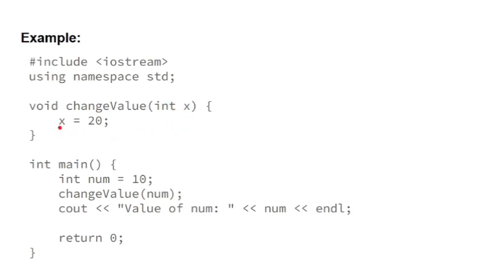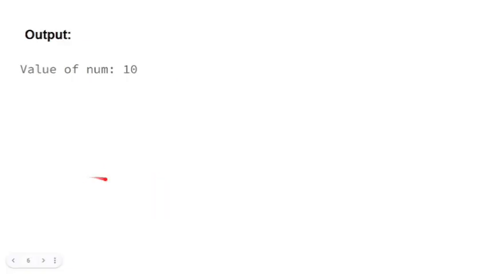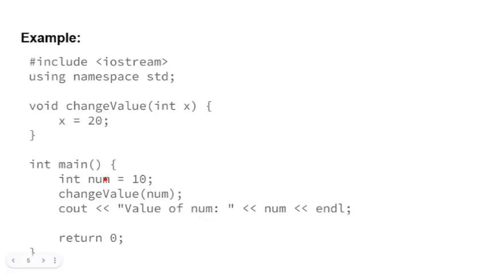When it moves inside the function, the value gets changed to 20. Now x has the value 20. In this line, we print the value of num, and it didn't affect the variable, but inside this function it has been changed.